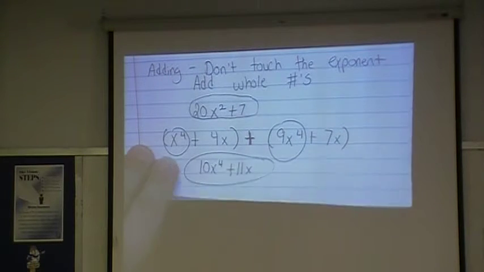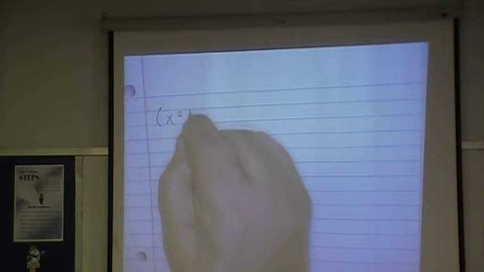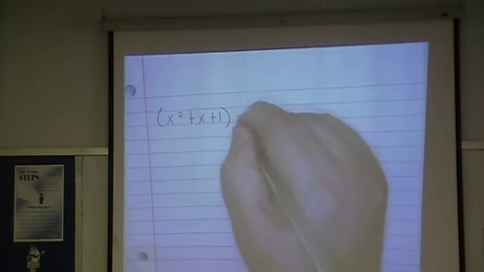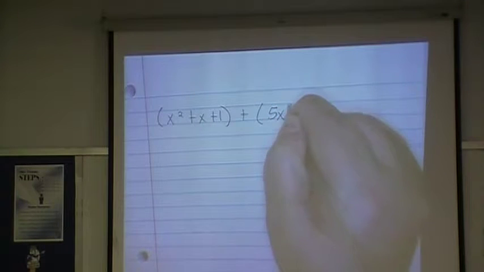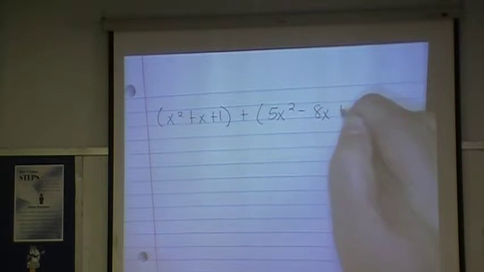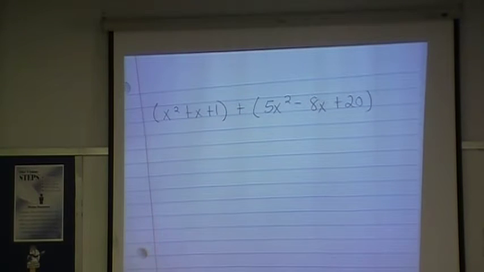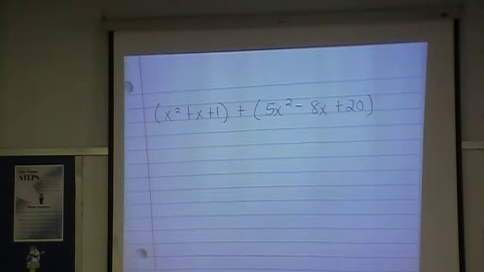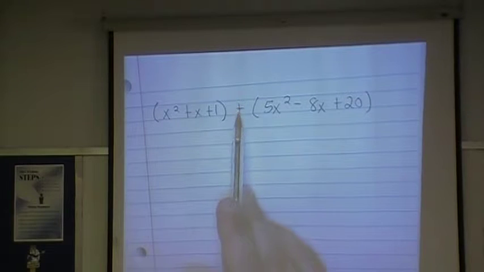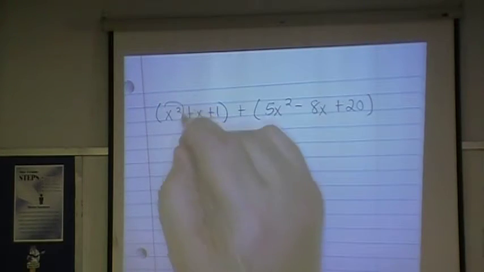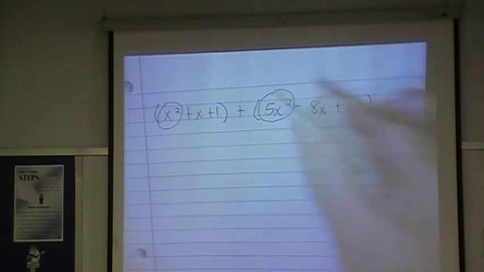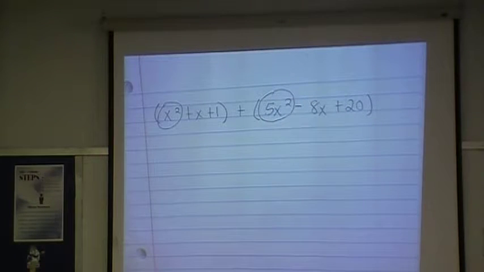The one thing kids mess up on is when you throw a negative in there. A lot of times kids want to leave that negative out. They just don't pay attention to it. I'm adding. I know I'm adding because there's a plus sign right here. I'm not going to touch my exponents.